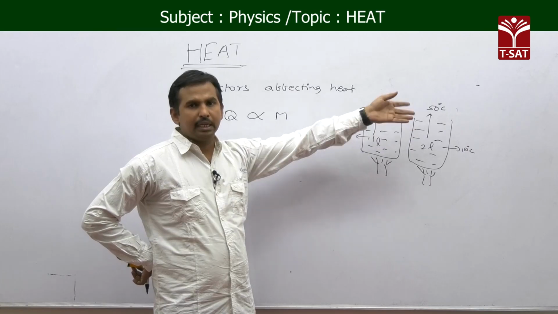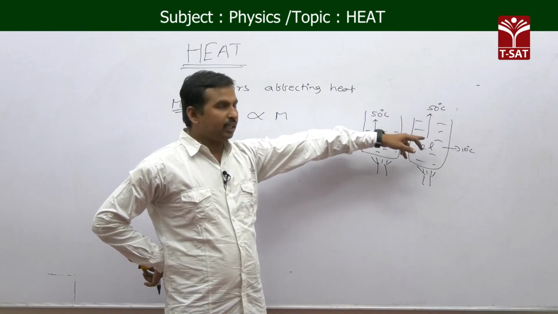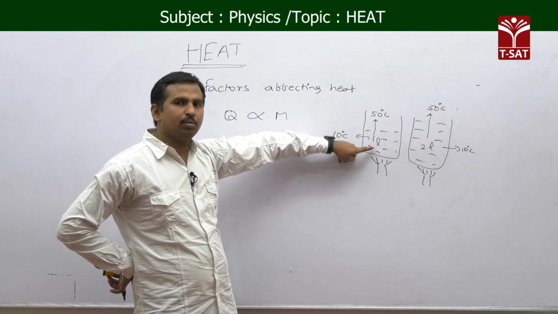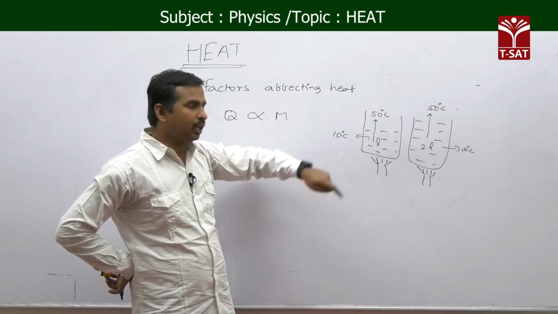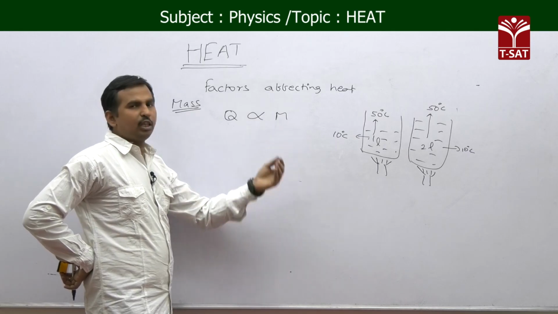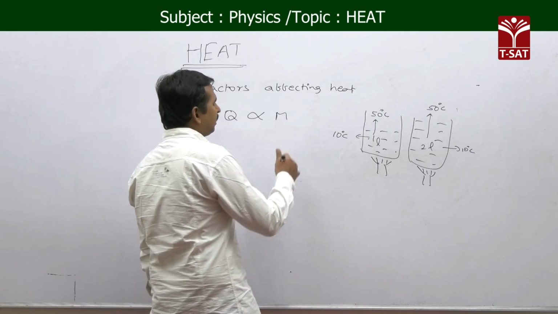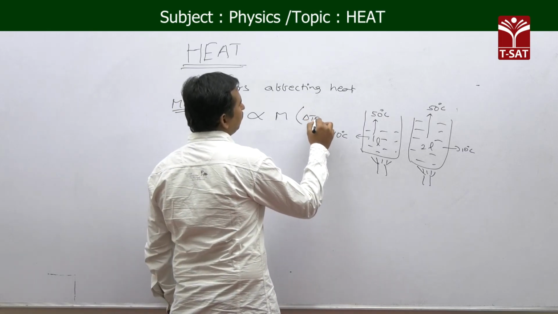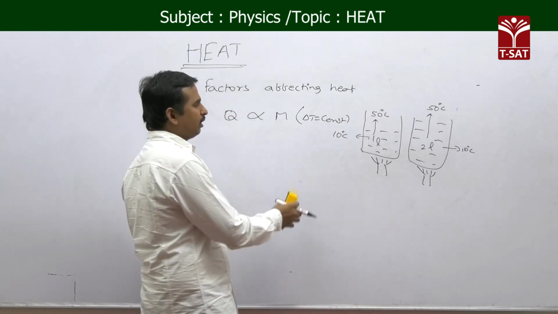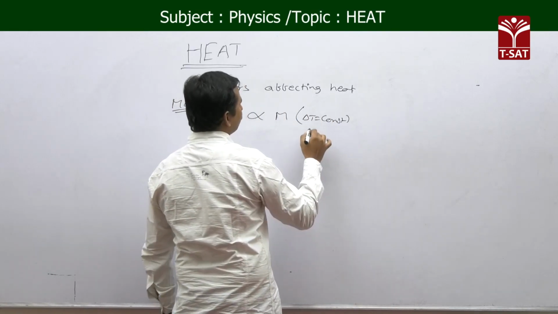Each molecule has to increase its kinetic energy, so it takes more heat energy, whereas in the other case it takes less. So the amount of heat energy supplied is directly proportional to the mass of the substance, when delta T is constant, that is, for the same rise of temperature.